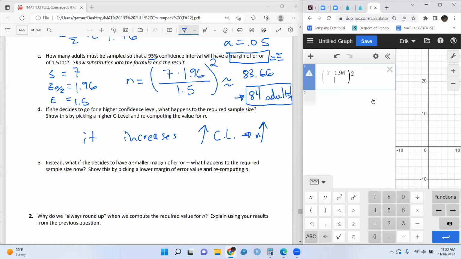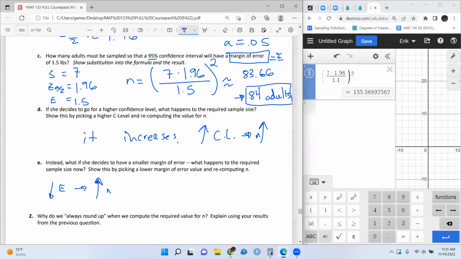Well, I got some number, 1.1. Yeah. If you think about why, if you divide by a smaller number, the fraction itself gets larger. So if we decrease the margin of error, bring that down, that is going to increase the sample size.